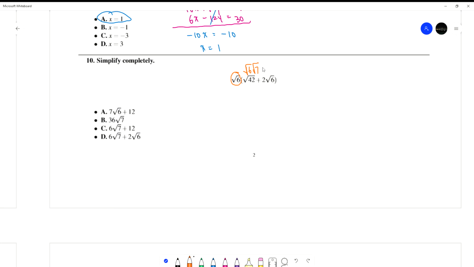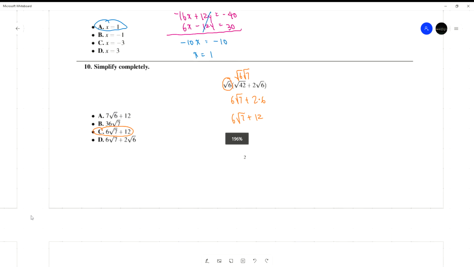So when I visualize it that way, I can see radical 6 times radical 6 is already a 6 and radical 7, right? And then plus 2 times 6. So that gives me 6 radical 7 plus 12. That is answer C. Right? You see these little things can help you do these quicker in your head.